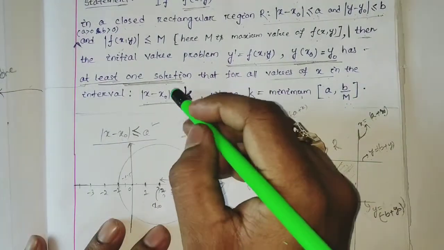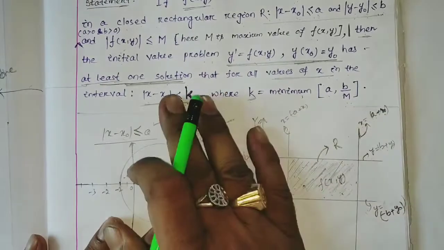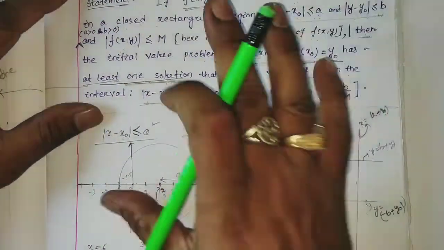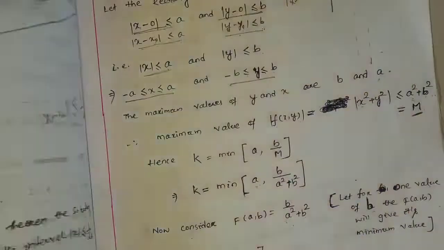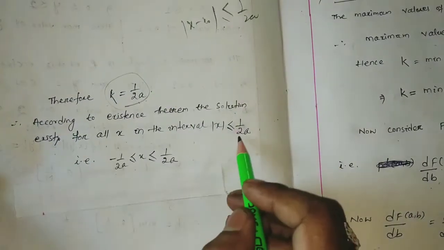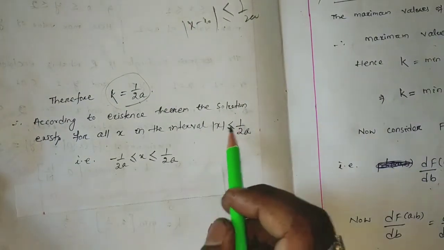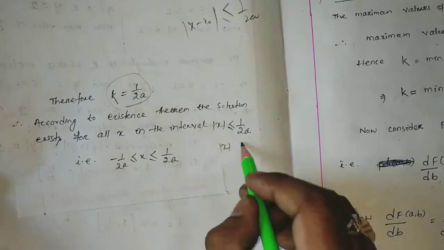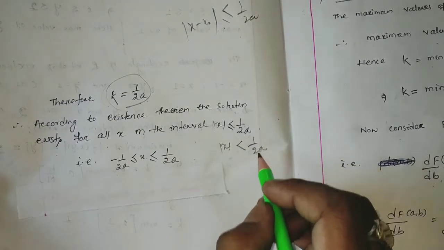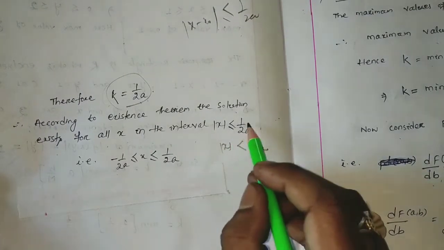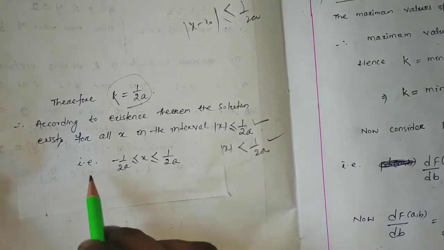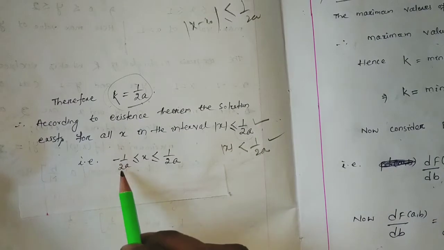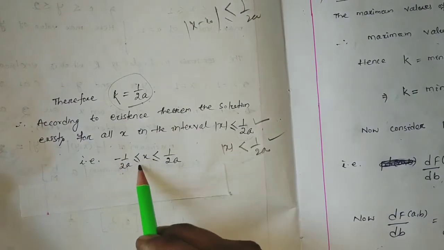So do not change it; keep whatever is written in your theorem. But at the end of the numerical, you can write either less than or equal to 1 by 2a, no problem at all. That is the range: minus 1 by 2a less than x less than 1 by 2a.